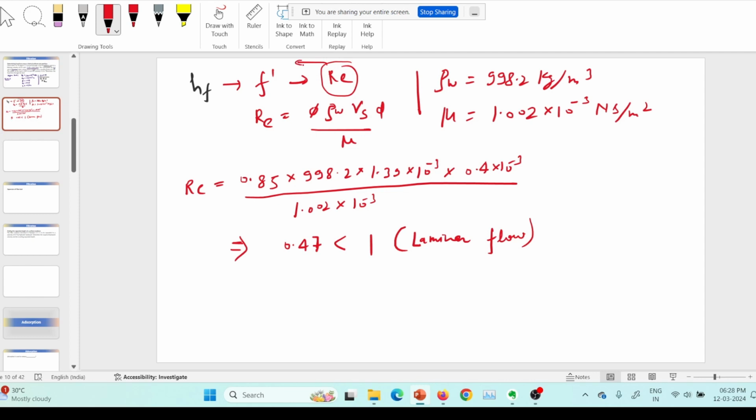Now we'll calculate F dash, and then we'll calculate HF.